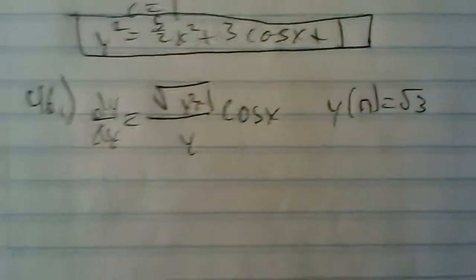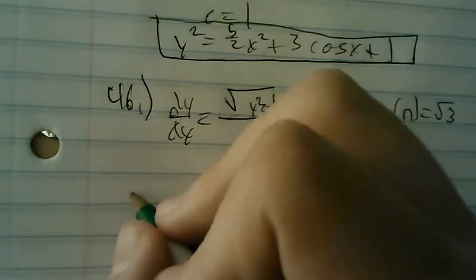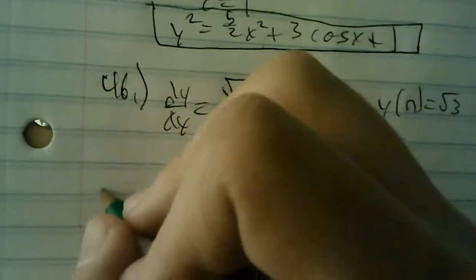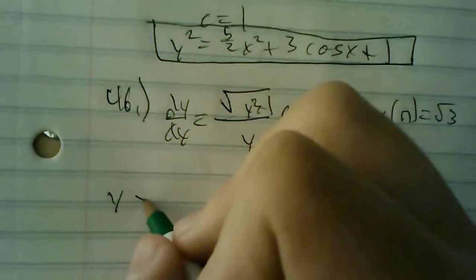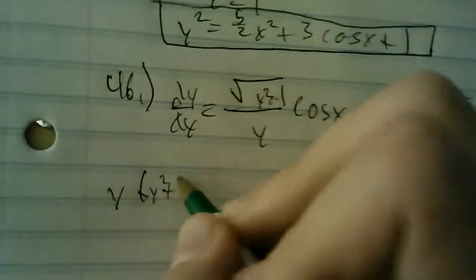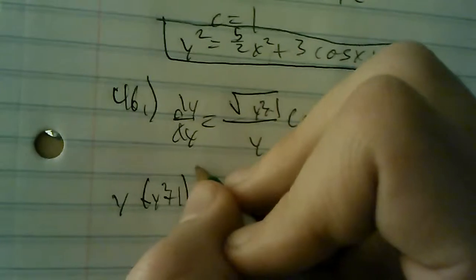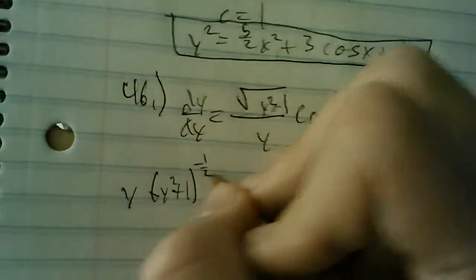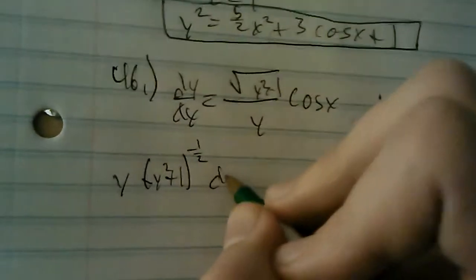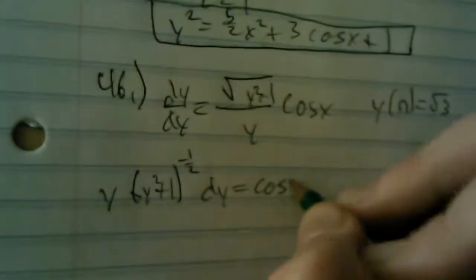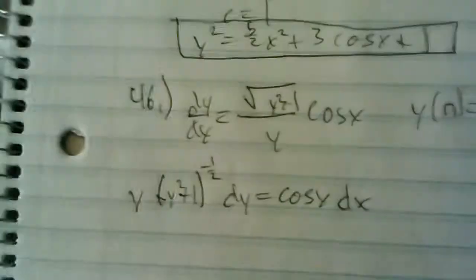So basically we're going to multiply the y over here, so y times y squared plus 1. It'd be 1 over y squared plus 1 because we'd be dividing it, which just means that it's to the negative 1/2 rather than 1 over y squared plus 1 to the 1/2. dy equals cosine of x dx.